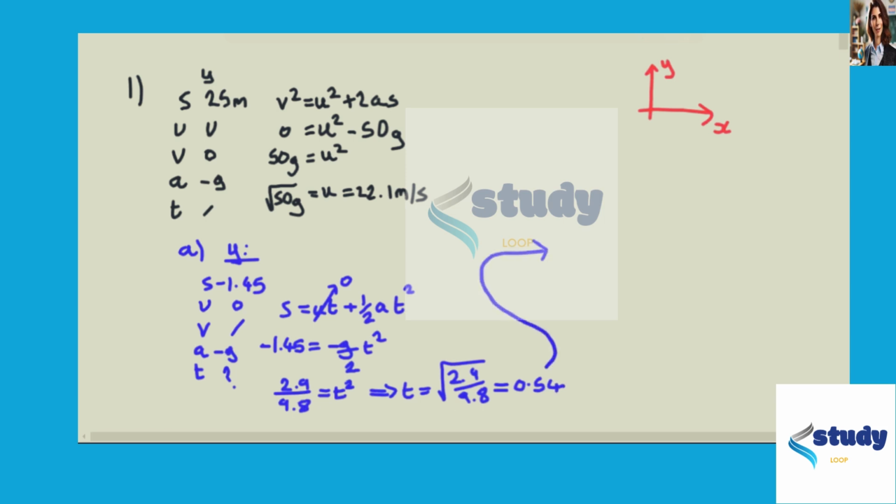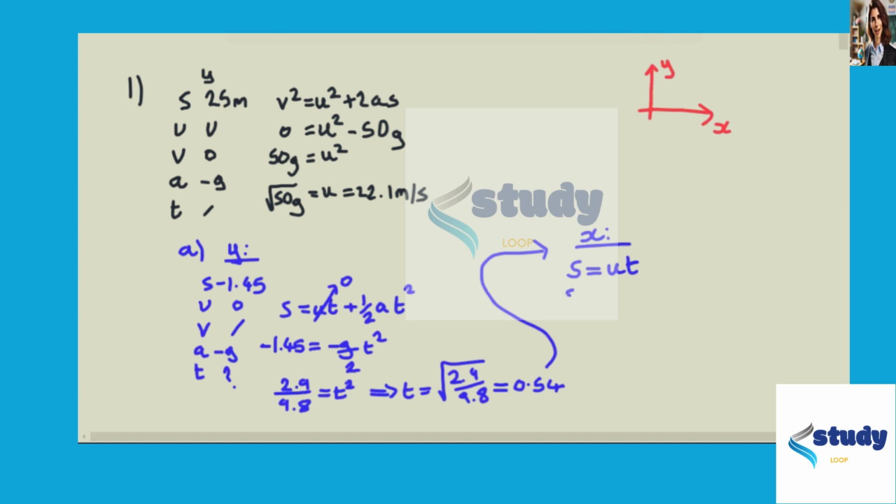And so for how far do we go? Well, now we consider the x direction. Well, we have fired and our distance is equal to our velocity multiplied by time, because there's no acceleration in the x direction, there's no air resistance or anything like that.